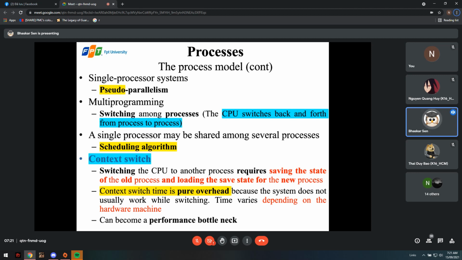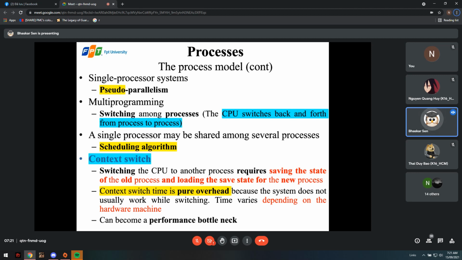Now, it is not that simple. We may say that it's very simple, just block a process and give the CPU to another part of the RAM. But that's not the case. In between, there are a lot of things that the OS needs to do. First of all, the old process that is going to be blocked, the one the CPU was previously working on, its data needs to be saved.